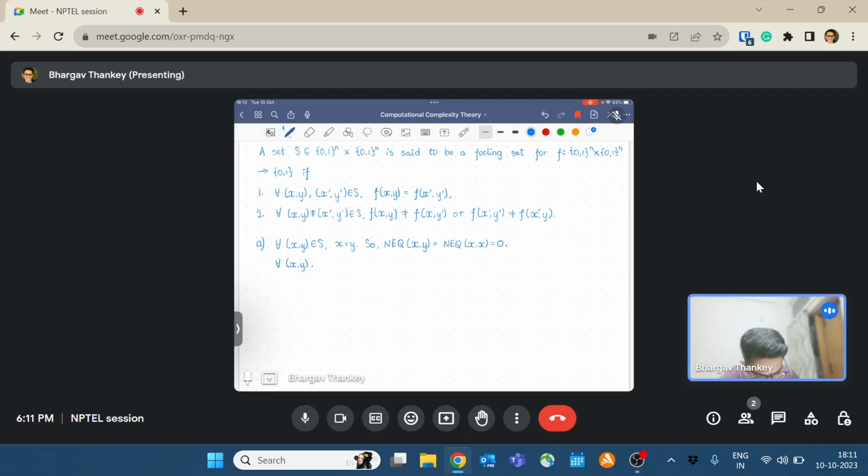So for all (x,y) not equal to (x',y') in S, y is equal to x and y' equals x'. So NEQ(x,y') is equal to NEQ(x,x'), which is 1 because x and x' are not the same. Otherwise, these two would be exactly the same.